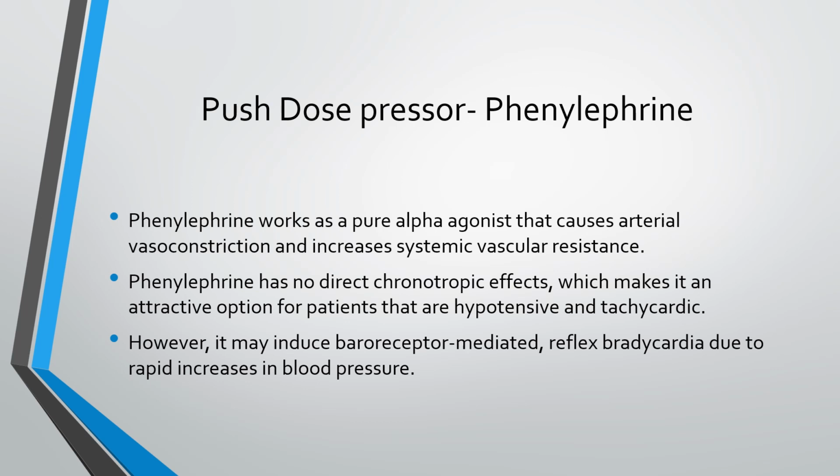There are some times we don't want to use it, as it may induce baroreceptor-mediated reflex bradycardia due to rapid increases in blood pressure. So what happens? Phenylephrine has no beta receptors, pure alpha. So it causes all the squeeze on the blood vessels, causes the blood vessels to constrict a bunch, causes our heart to have to pump harder in order to get the blood out.